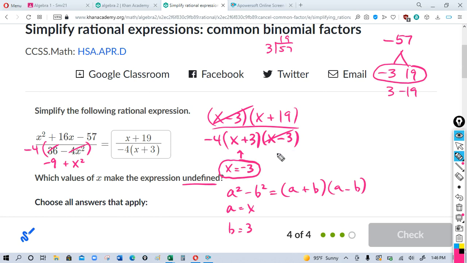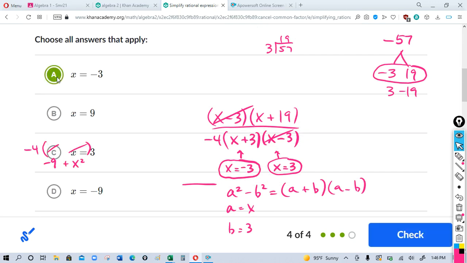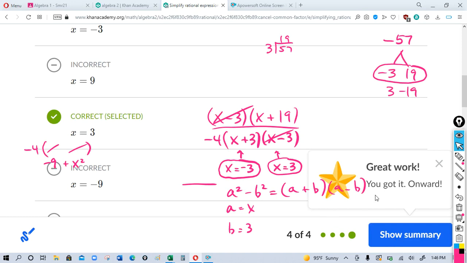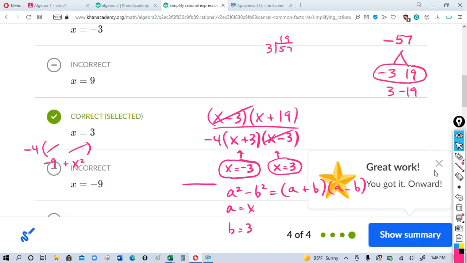And right here, this was x minus 3. So if you do x equals 3, you would get 3 minus 3, which is 0. Okay? So both of these answers are correct for the second question. 3 and negative 3. Here's negative 3. Here's positive 3. Okay? So just remember this formula right here for this exercise.